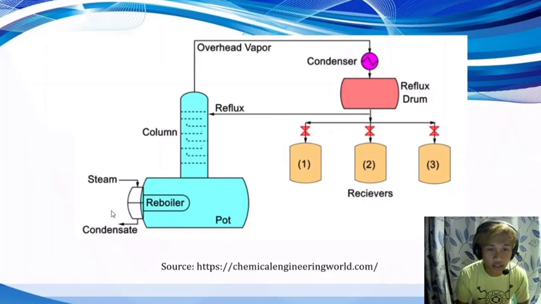The feed enters the column, and after some operations with its vapor and the liquid, it goes up to a condenser, then to the reflux drum and to the receivers. So that's what happens in batch.